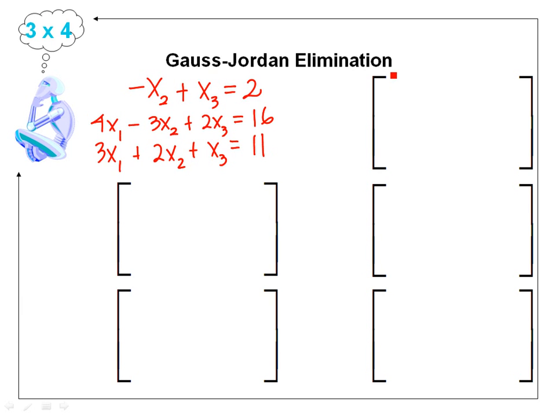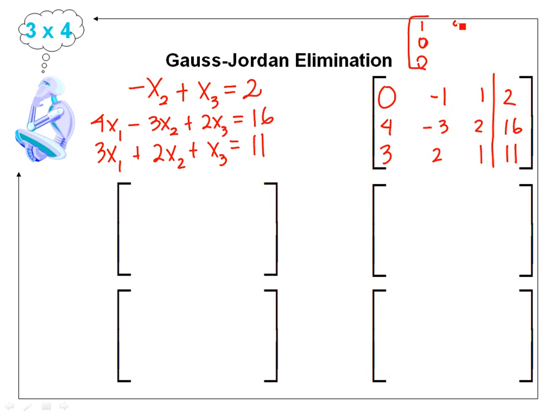Since we don't have an x of 1, 0, -1, 1, 2, 4, -3, 2, 16, and 3, 2, 1, and 11. Now, again, our objective is to get this format here: 1, 0, 0, 0, 1, 0, 0, 0, 1.